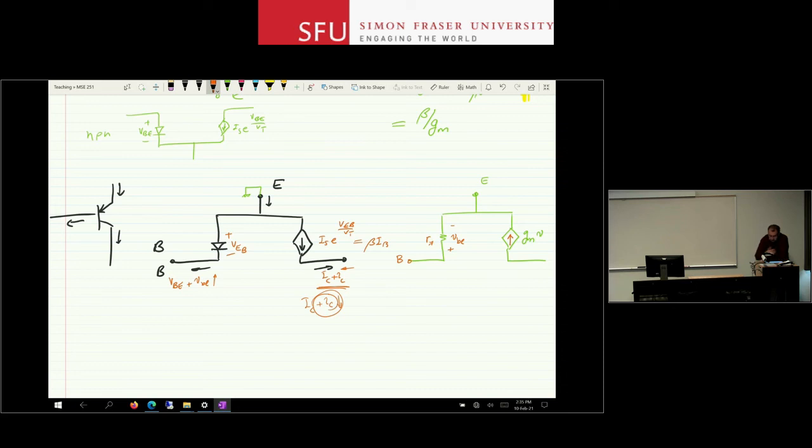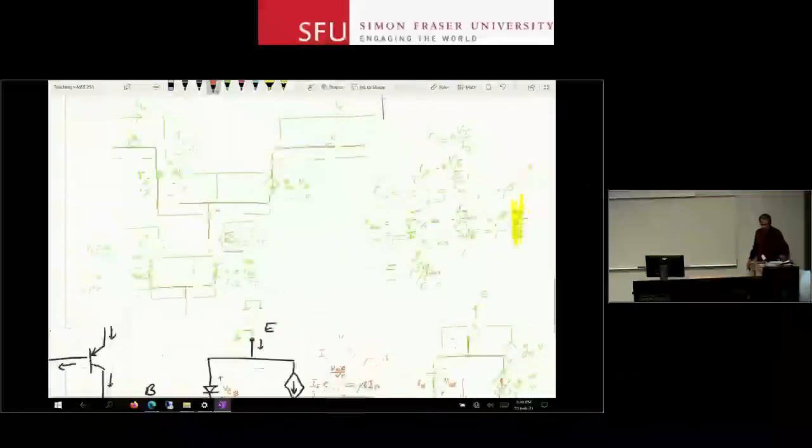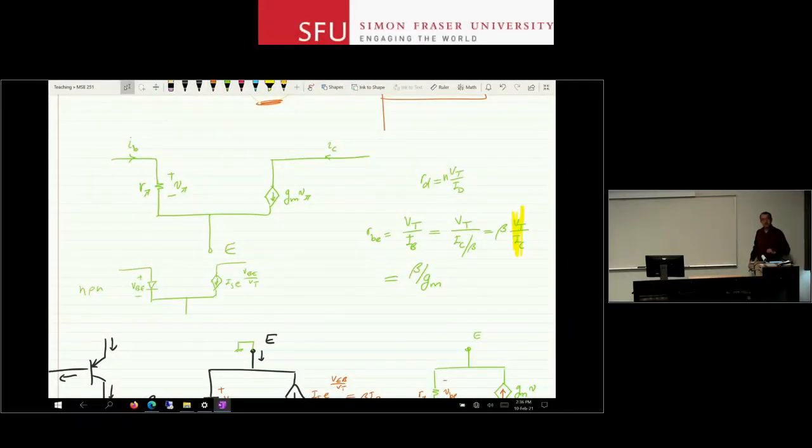Well, just flip it over. And if you flip this over, this is what you have. It looks exactly the same as what you had for an NPN device.